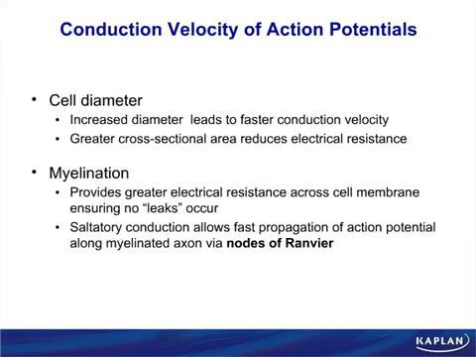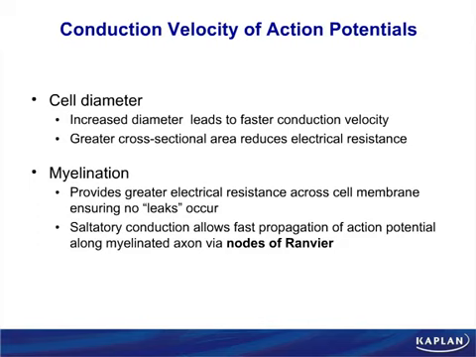All right, as we indicated before, an action potential regenerates and propagates. How fast does it go? What are the things that are going to influence it? How fast it goes is the conduction velocity. Two big players in nerve. Number one, cell diameter. The bigger the diameter, the faster it conducts. The technical reason for that, or the mechanism, relates to the electrical resistance.